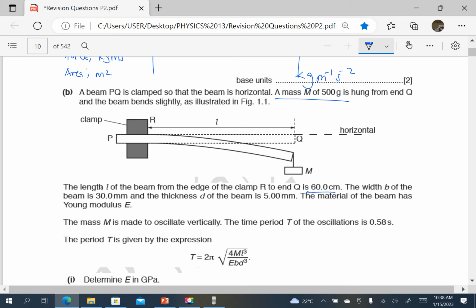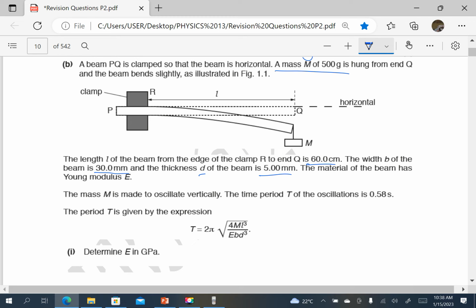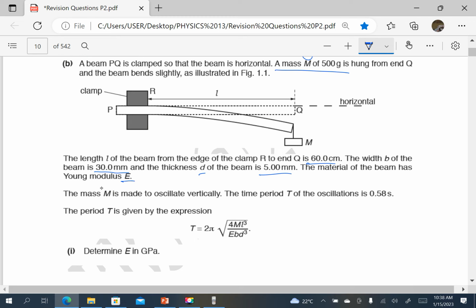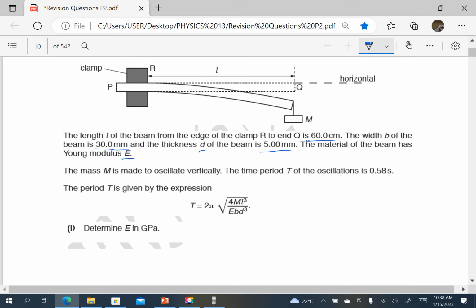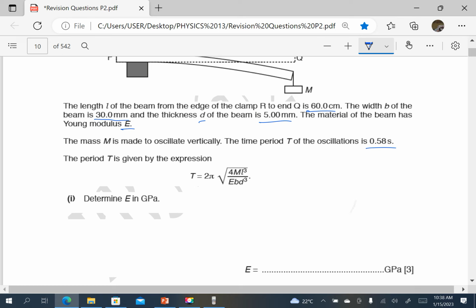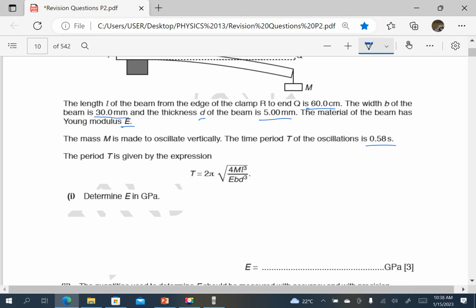The width B of the beam is 30 millimeters and the thickness D of the beam is 5 millimeters. The material of the beam has Young modulus E. The mass M is made to oscillate vertically. The time period T of the oscillations is 0.58 seconds. The period T is given by that expression. Determine E in gigapascals.